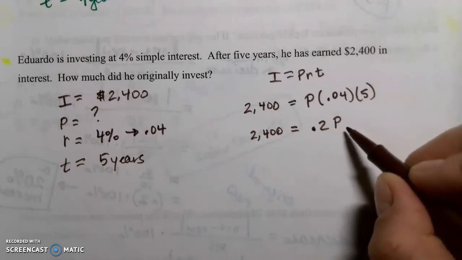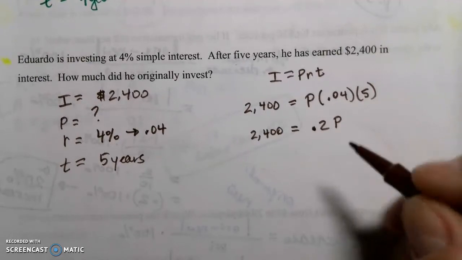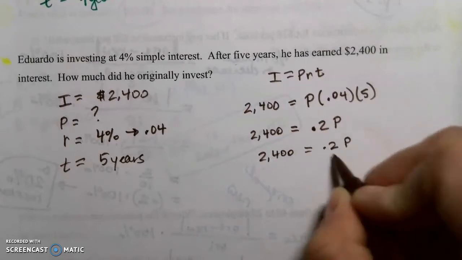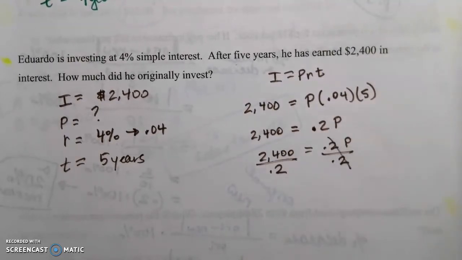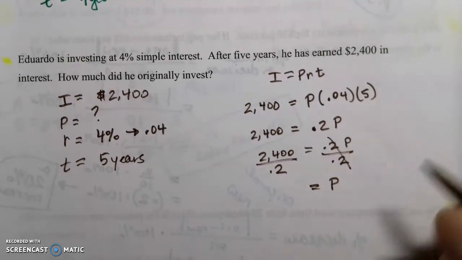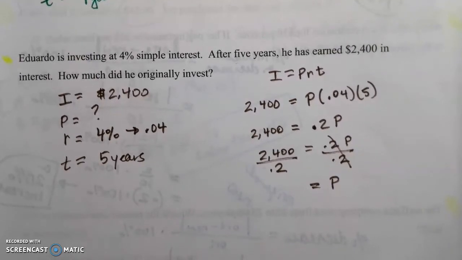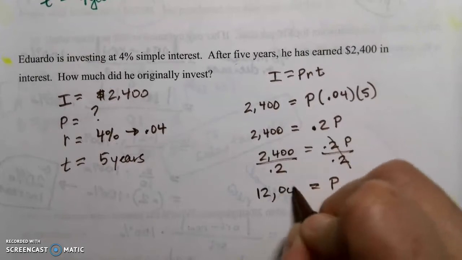It's something multiplied by our variable, so we're going to undo that by dividing by that number. So the 2,400 and 0.2p is all going to get divided by that 0.2 so that the p will end up by itself multiplied by 1. And 2,400 divided by 0.2 will be 12,000.